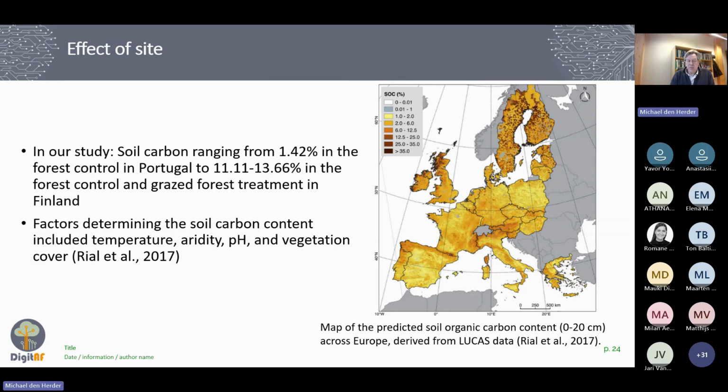If you have a very low pH, and it's also a very cold place, decomposition goes much slower. And because of this low pH, it goes even slower. So there's also less activity of soil organisms. Then you get that kind of typical peat soil that you find in Northern Europe. They're very acid, but also have very high soil organic carbon content.